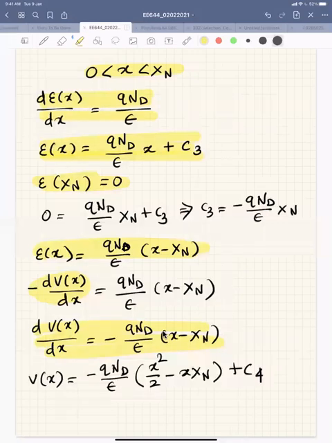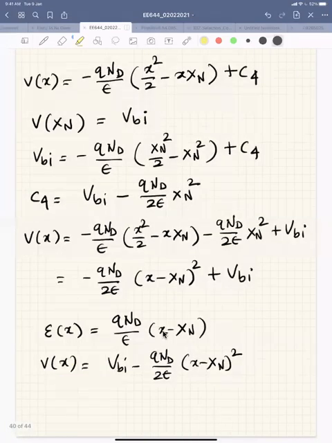Again, I'll take the integral. So your potential V of x is minus q nd by epsilon times x square by 2 minus x times xn plus c4, where c4 is another constant. Now I have to put another boundary condition.